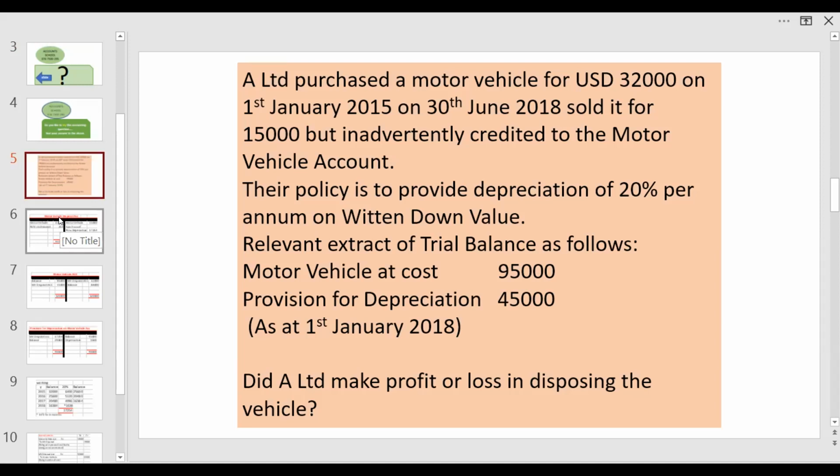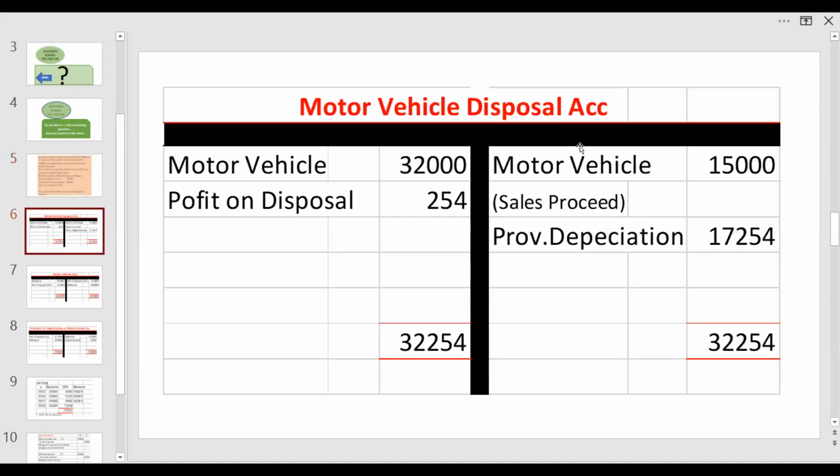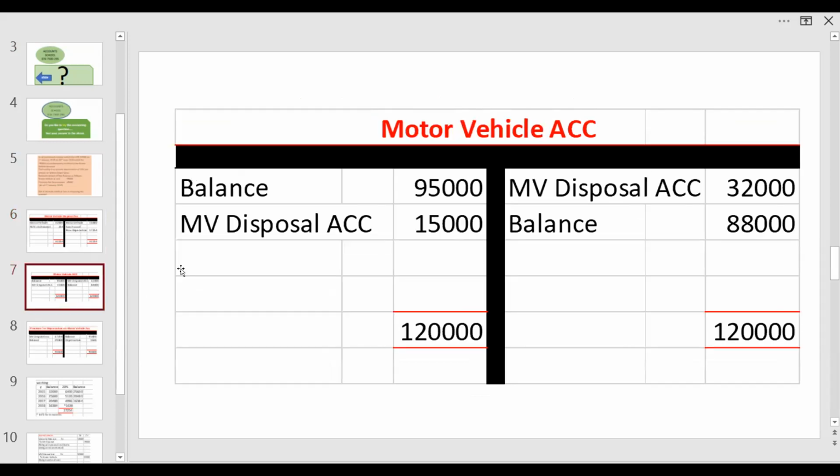So look at this one. Okay, motor vehicle 15,000 credit to disposal account because it is the sales proceeds. And then we go to the next account, the motor vehicle account, where we show this 15,000. So the actual value of motor vehicles at cost is 120,000.